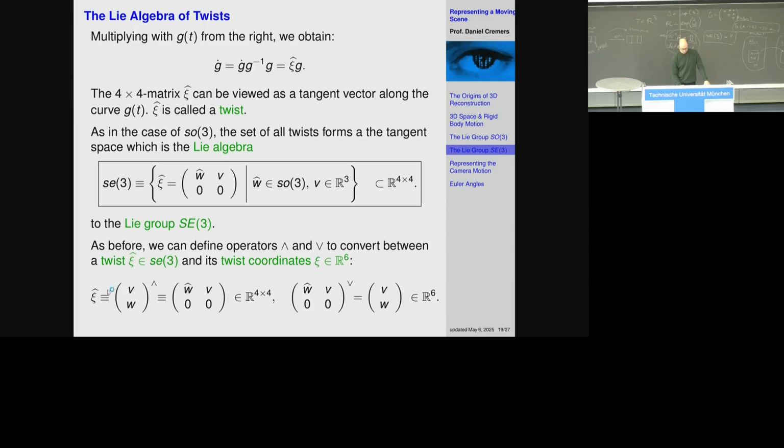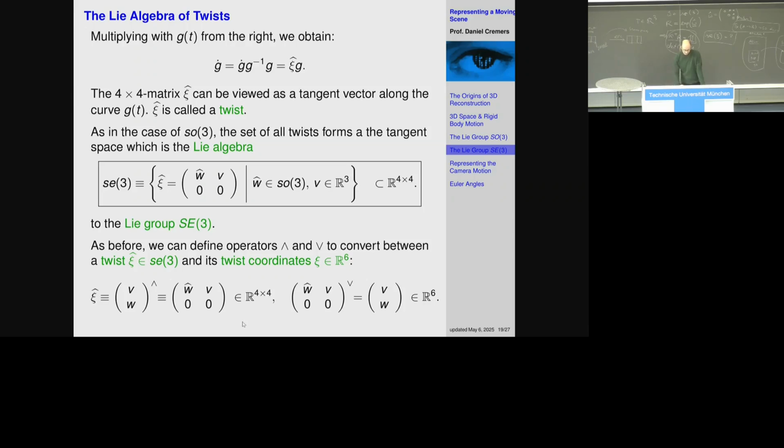And so this hat operator, it's a little bit overused in our slides, but I didn't want to introduce new notation here. This is the operator that converts the coordinate vector to the corresponding matrix. It is the same hat that we use to convert a 3D vector to a skew-symmetric 3x3 matrix W hat, or if xi is a 6D vector, then it converts it to this 4x4 matrix. That is the twist.